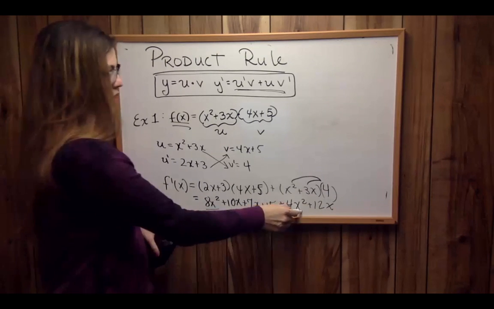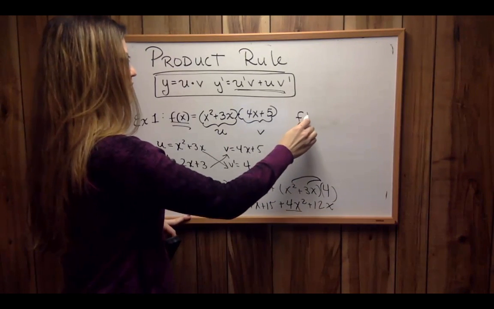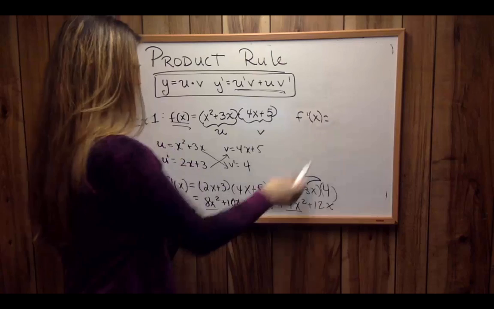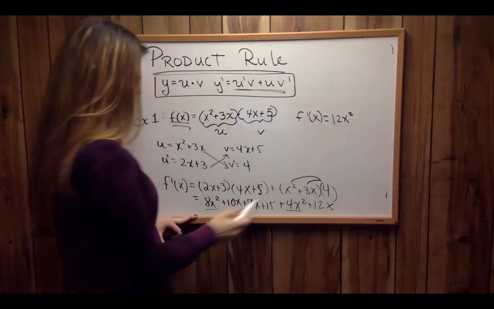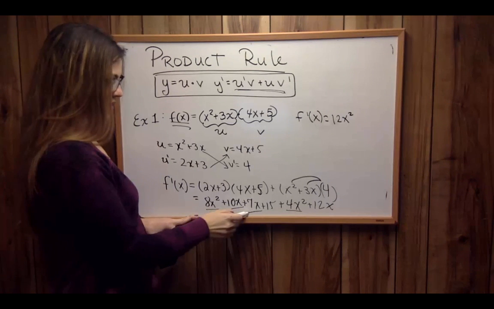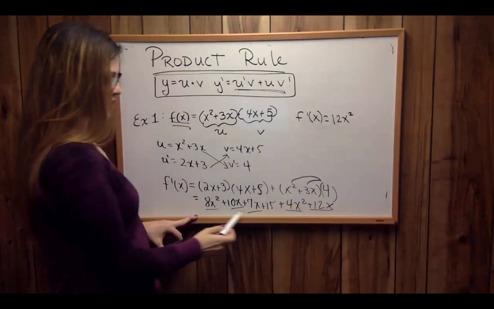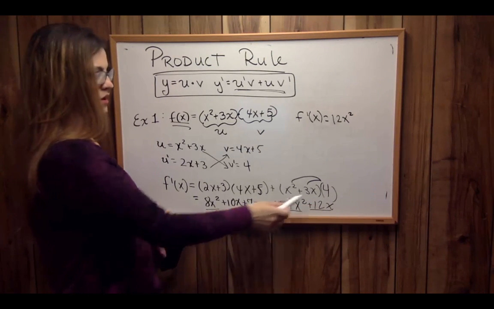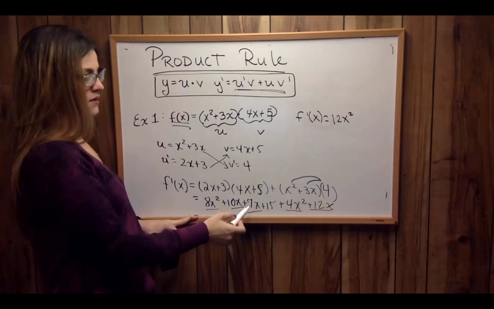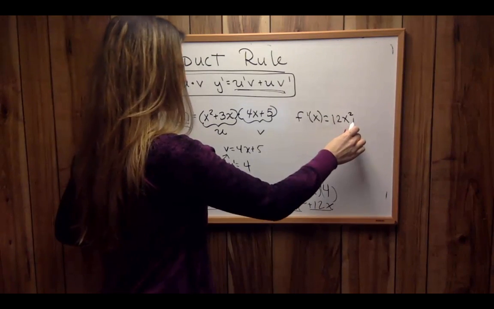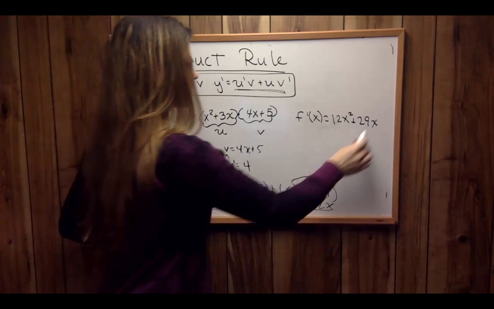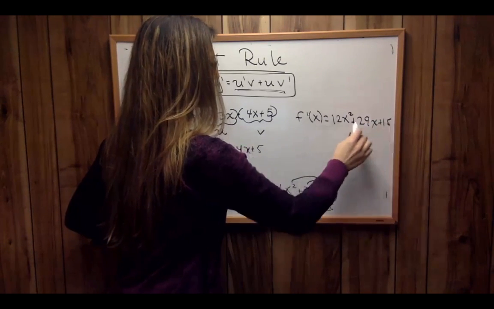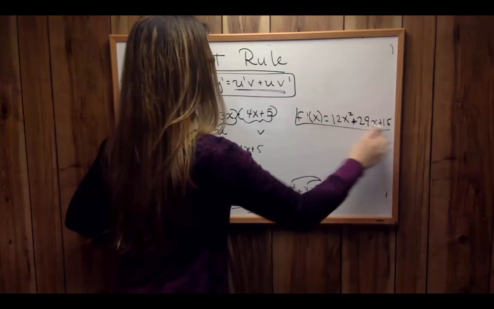We have an x squared and a 4x squared, so that means f prime of x is 4 plus 8, 12x squared. You have a 10x, a 7x, and a 12x. So it's 17 plus 12. 17 plus 12 is 29x plus 15. And that's your answer.